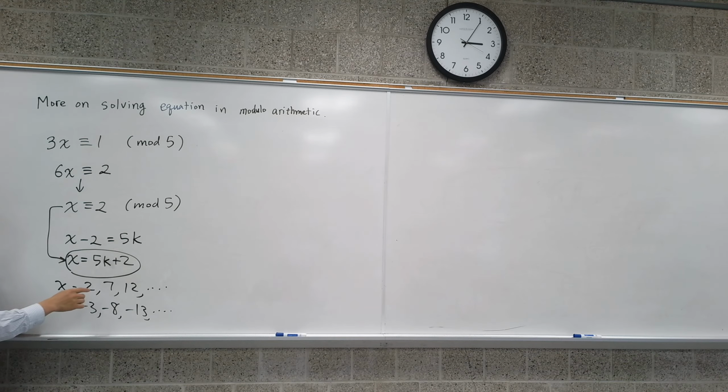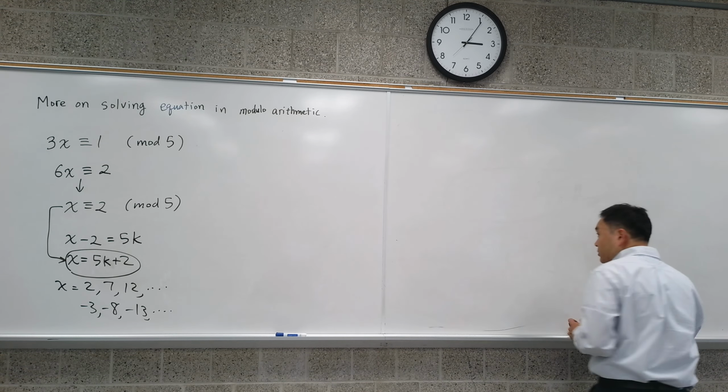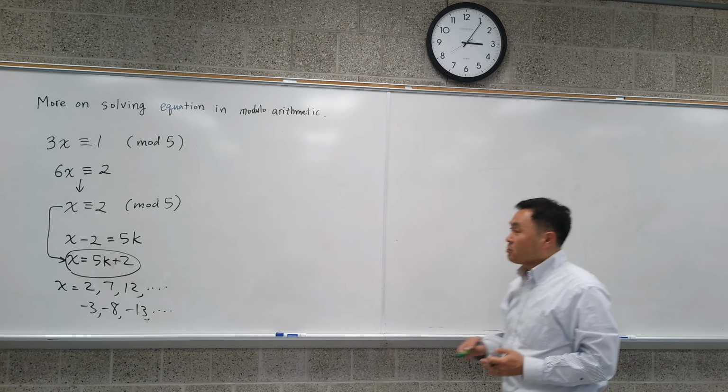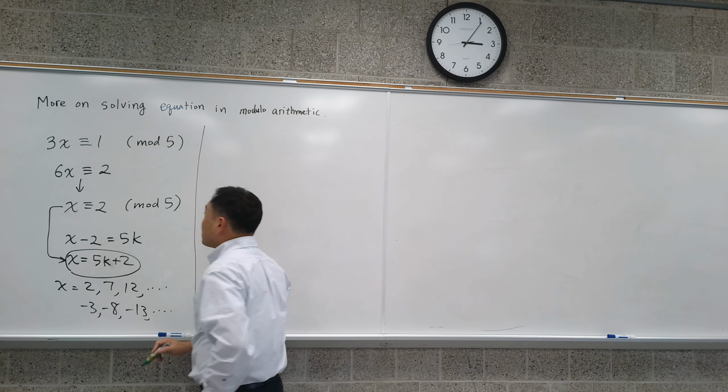In fact, you can check right away. Let's say x is 7. What's 7 times 3? 21, right? And if you mod by 5, if you divide by 5, what's the remainder? That's 1. So it does work, right?